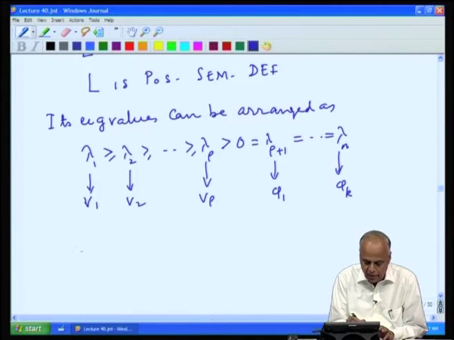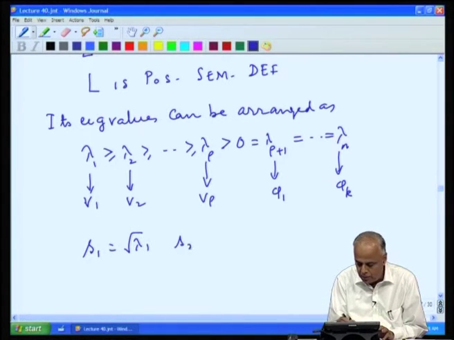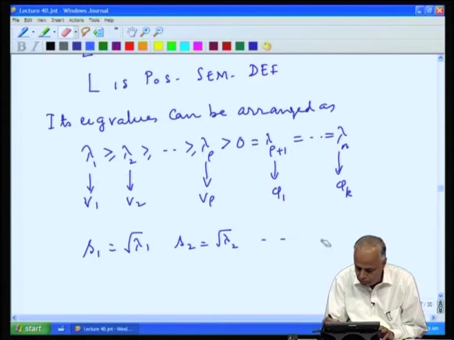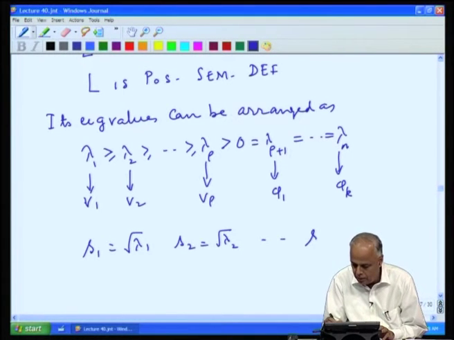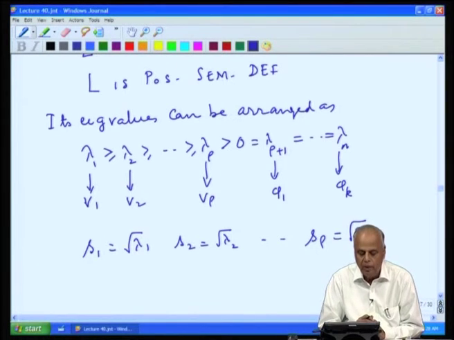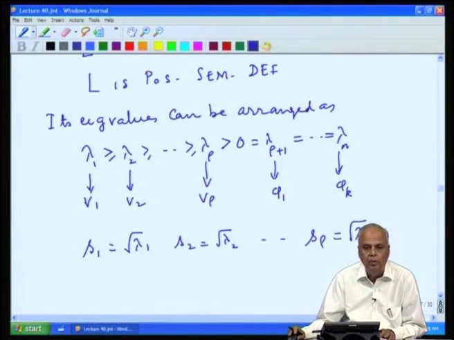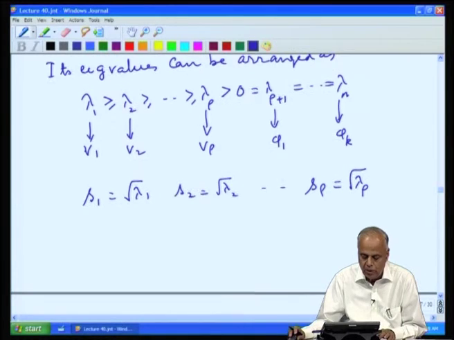And then we defined S1 to be the square root of lambda 1, S2 to be the square root of lambda 2, up to S rho the square root of lambda rho. These were the singular values. Whenever we say square root, we mean the positive square root.